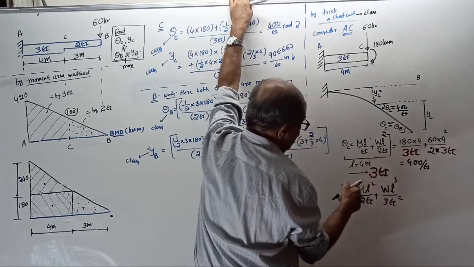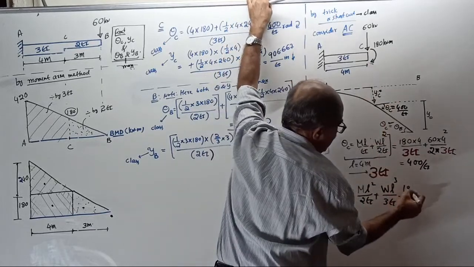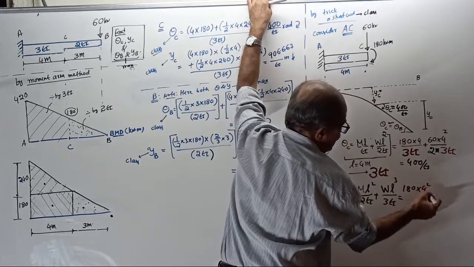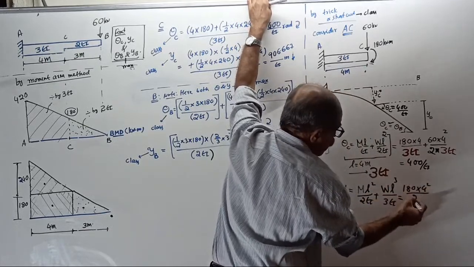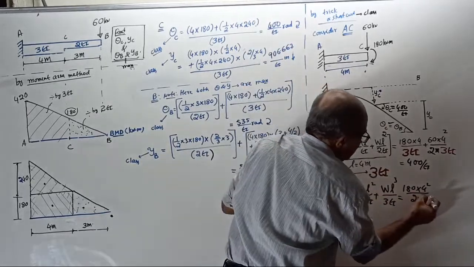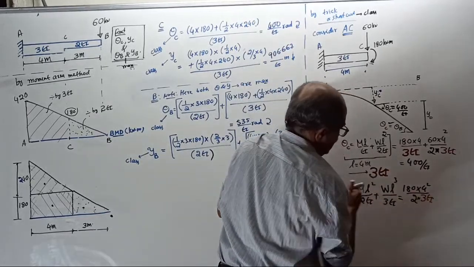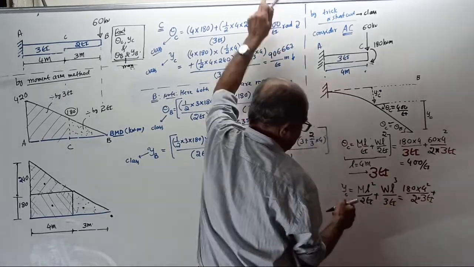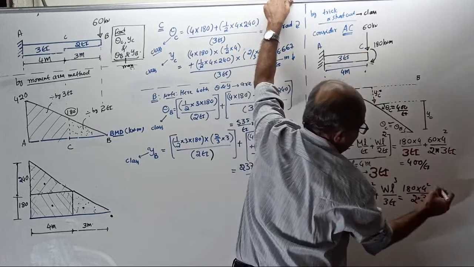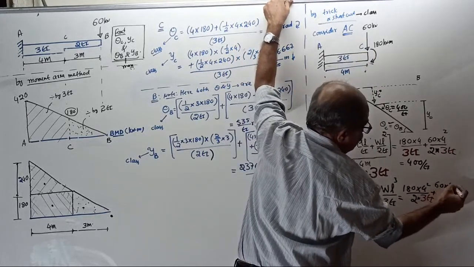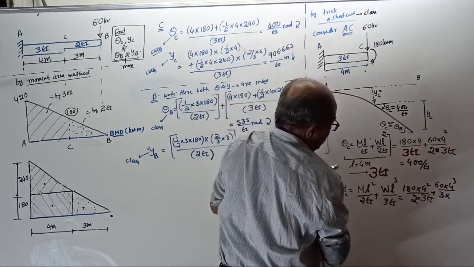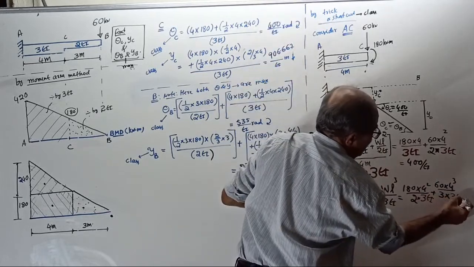If you substitute M as 180 into L square, 4 square divided by 2 into 3EI, plus W, where W is 60, 60 into 4 cube divided by 3 into 3EI.